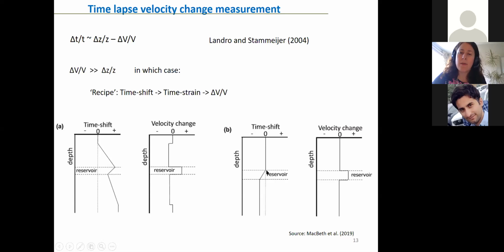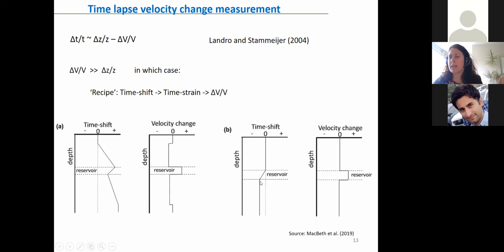When you have a slowdown in the reservoir, if you think about it, time shift is a cumulative property. So if your velocity is increasing in the reservoir and nothing is happening in the underburden, your time shift will just stay constant below your reservoir.